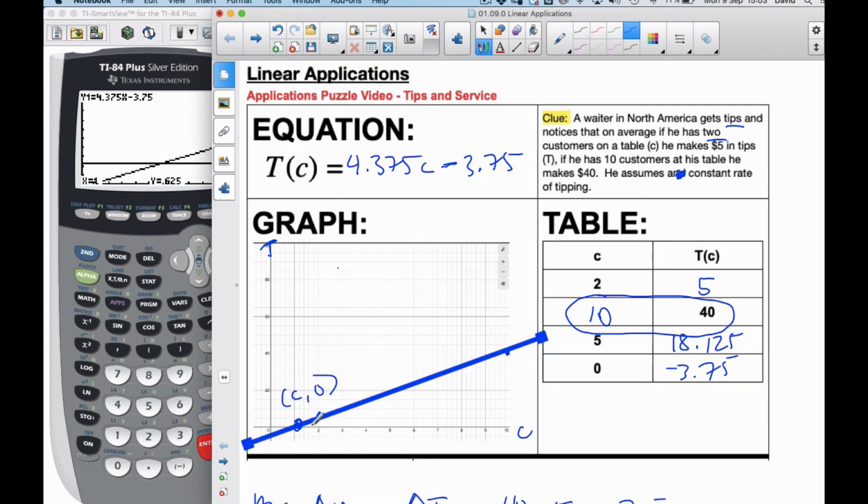We can't have 1.5 customers. We can only really have solid whole numbers. So it's just a series of points. So that's another limitation. It is a discontinuous graph, and we assume a constant rate, but that is not a very safe assumption. There's some applications for you.